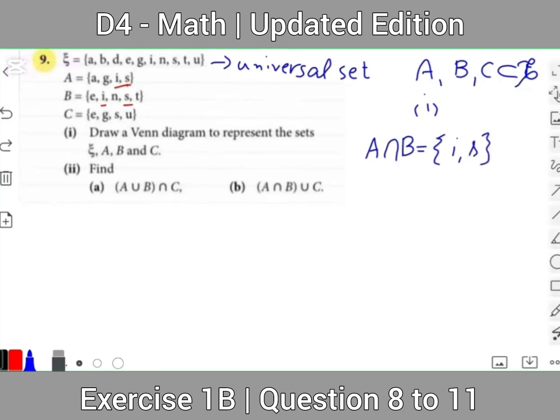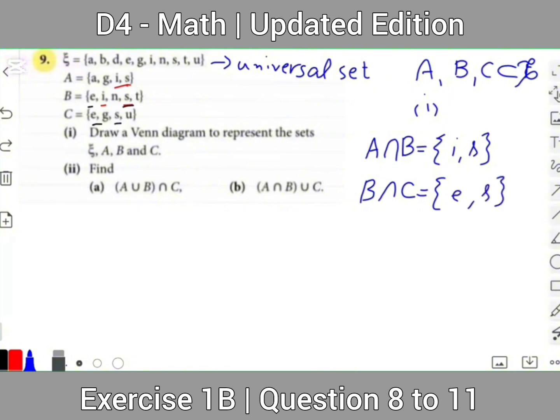Now B intersection C. We will see the common elements in both the sets B and C. So E and S are the elements that are common to both the sets B and C. So B intersection C is equal to {E, S}.